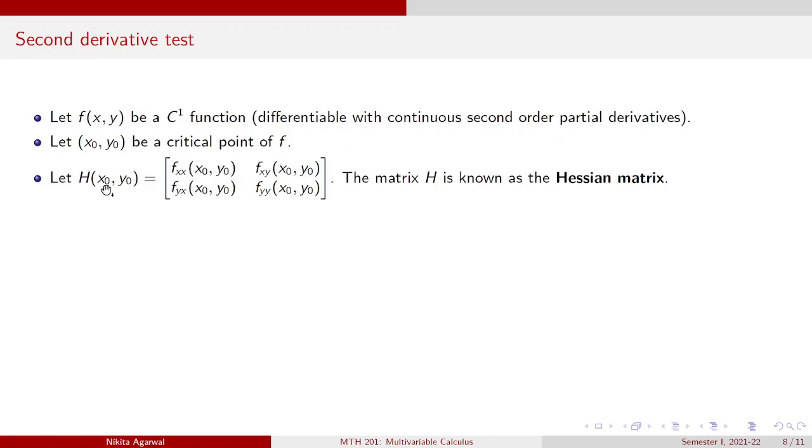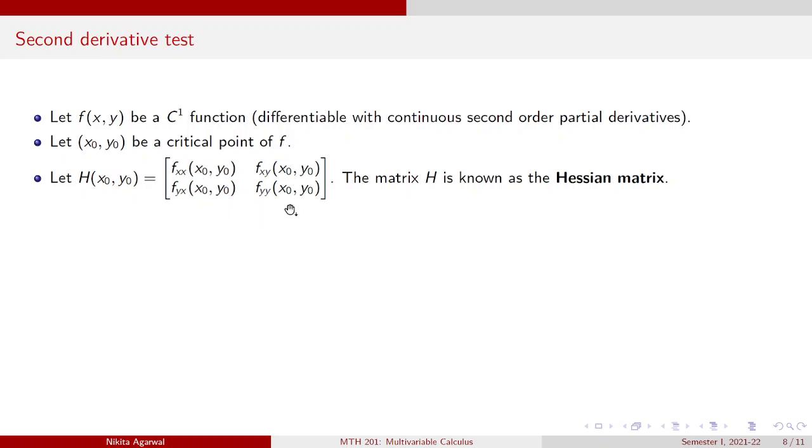You construct this matrix H at this point, which is a 2 by 2 matrix consisting of second order partial derivatives of f at this point. So the diagonal terms are fxx and fyy, and the off-diagonal terms are mixed partials. Now this is a symmetric matrix. Why? Because the second order partial derivatives are continuous, therefore fxy is equal to fyx, right?